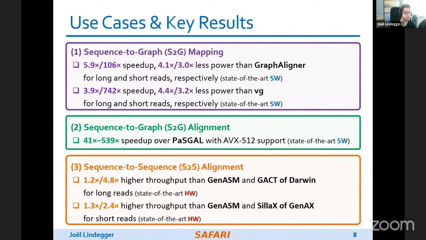Then again, for short reads, we have the SILEX pairwise sequence aligner, which is also outperformed by SeGraM. So yeah, we're seeing improvements over both software baselines when there's no hardware baseline available, and we're seeing improvements over hardware baselines in the cases where there is at least hardware available.